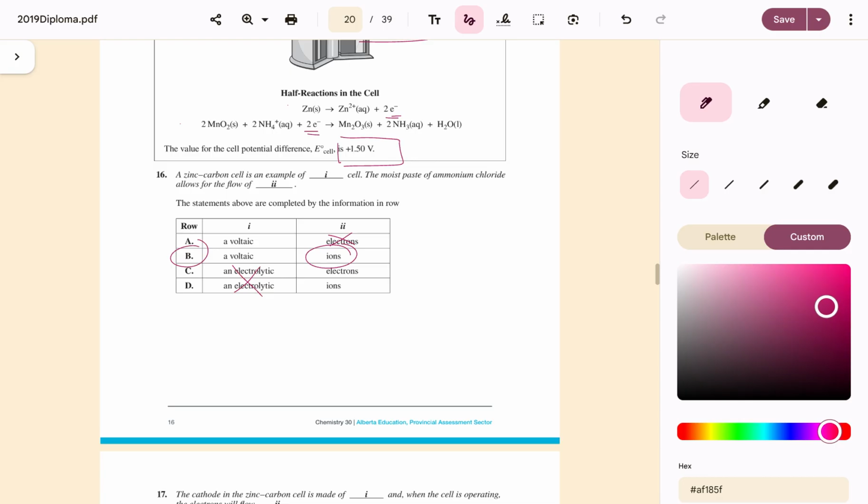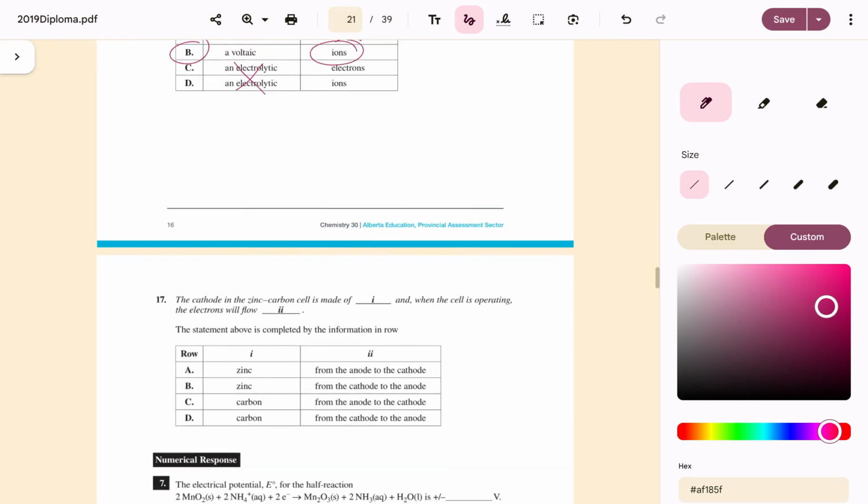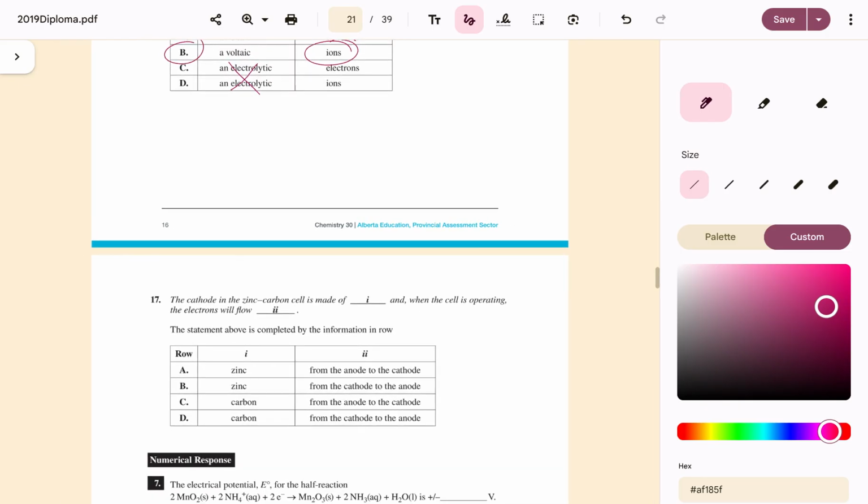Now, what we're also seeing is that we have some aqueous solutions as a reactant, and so we don't just have a metal rod here, so it needs an inner electrode, which would be carbon. So because it's cathode asking about reduction, it's not going to be zinc, it's going to be carbon. And then when it's asking about electron flow, always anode to the cathode. So your answer here is C.